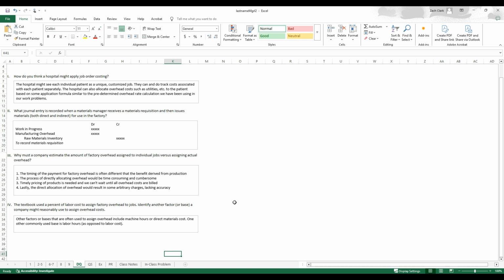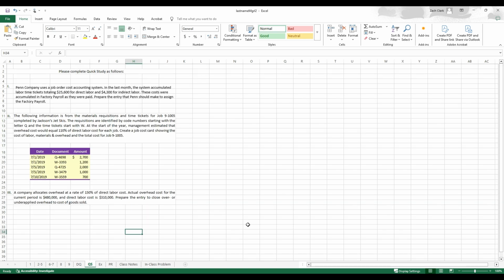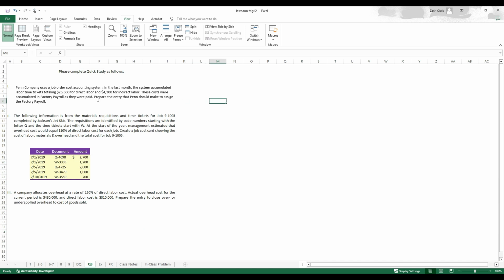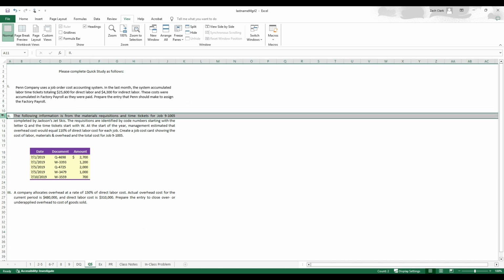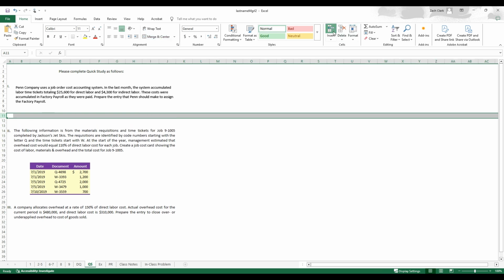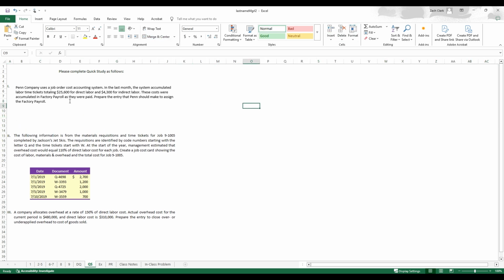And next, let's move on to the quick study section. In our quick study question here, first thing I'm going to do, again, I don't like seeing the grid lines for these quick study problems because it's not that type of problem where you need specific cells and linking things.